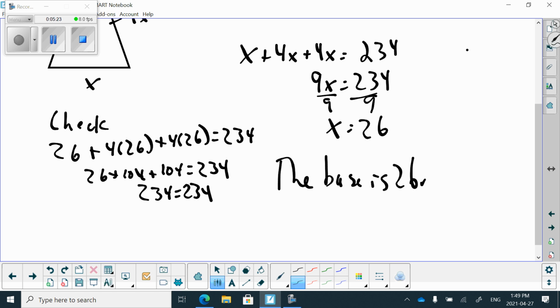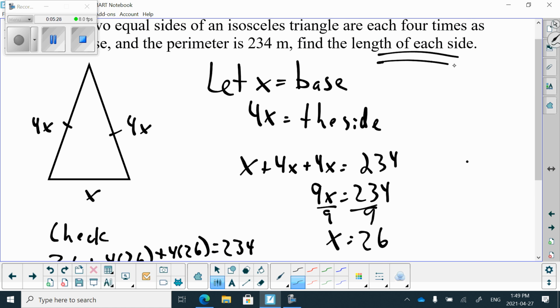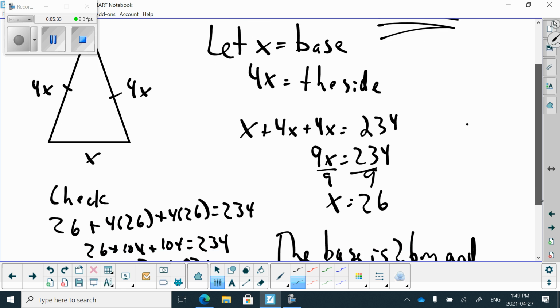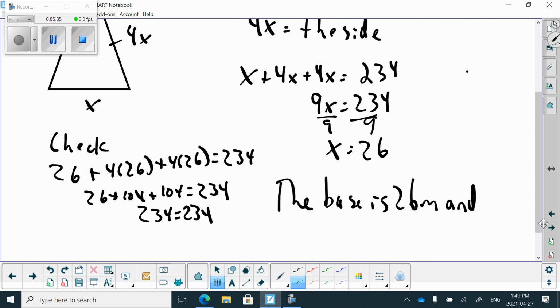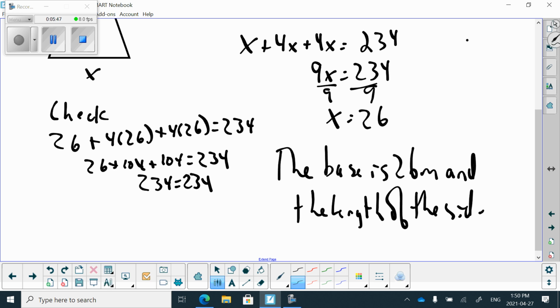And the length of each side is 104. Exactly. It's 104 meters.